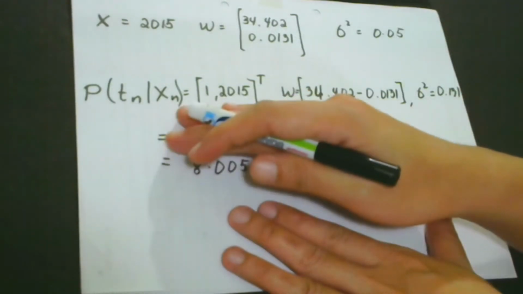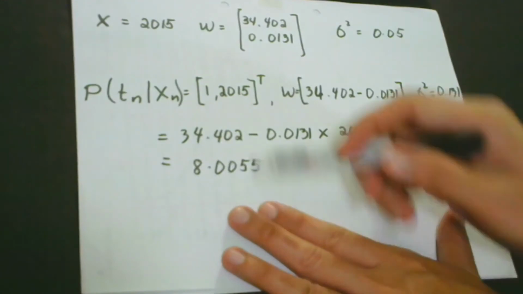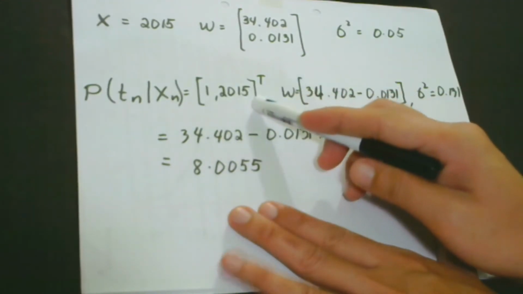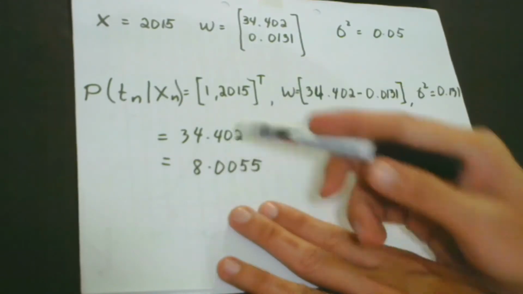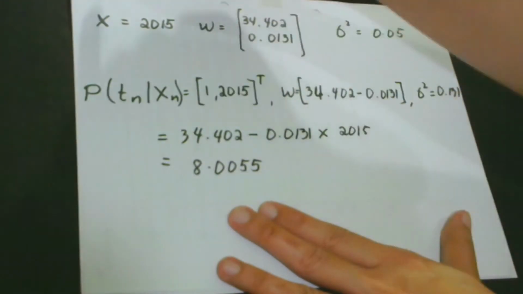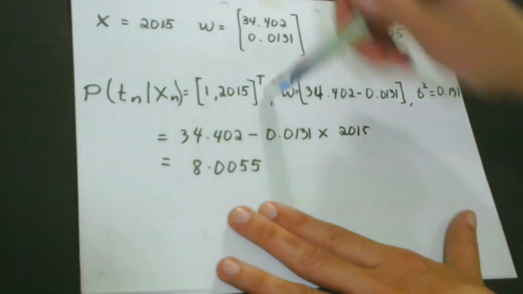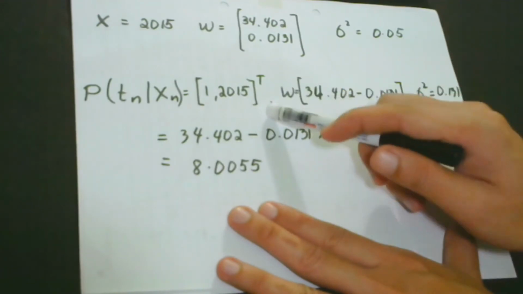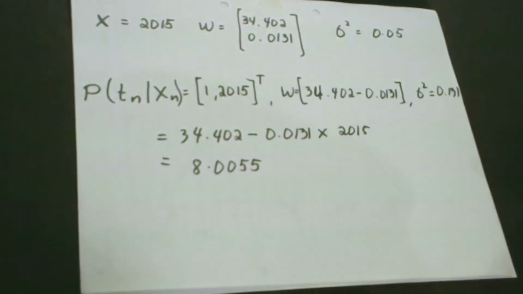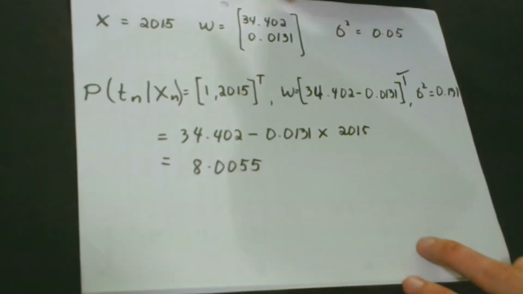If we plug in our values into our equation, you could see here that we have 1, 2015. If you still remember in our lesson before, we have to augment every value of x. That is why we have here 1, 2015. But in this case, this is transposed. So what we do here is that this is a transpose form of this matrix.